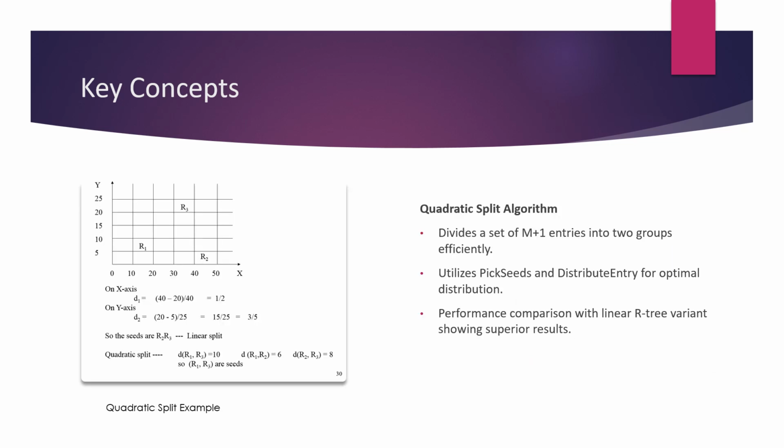The split algorithm divides a set of M plus 1 entries into two groups efficiently, utilizing the pick-seeds and the distribution of entries for optimal distribution. Performance comparison with the linear R-tree variant showing results.